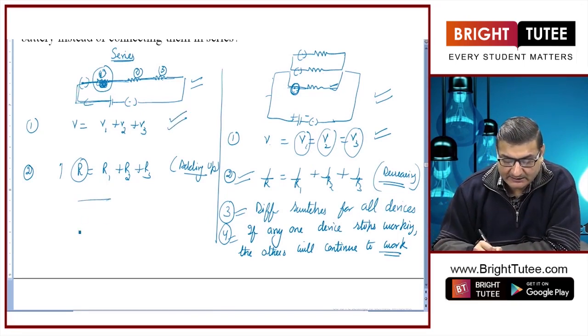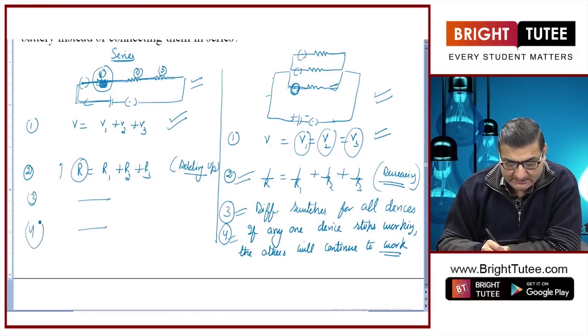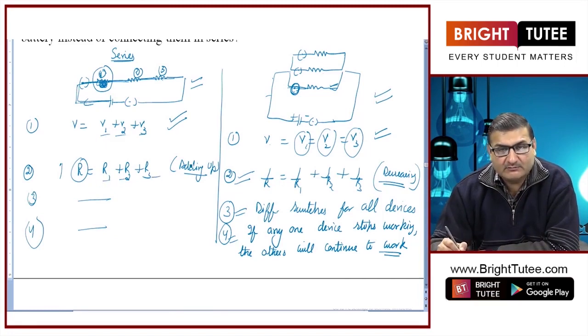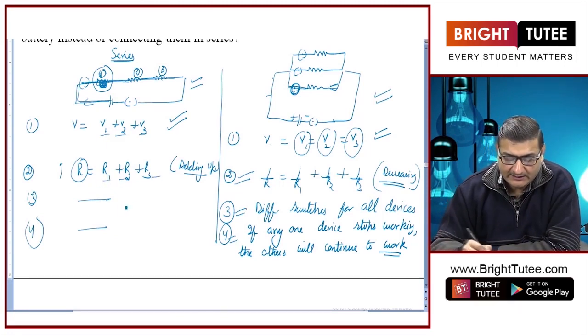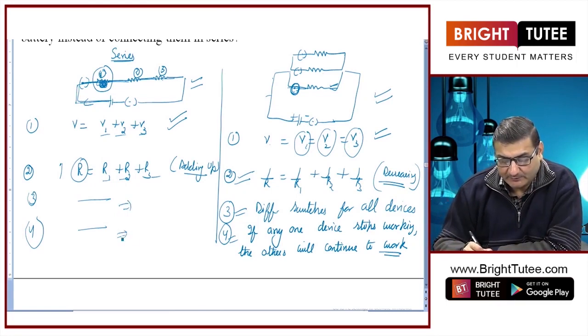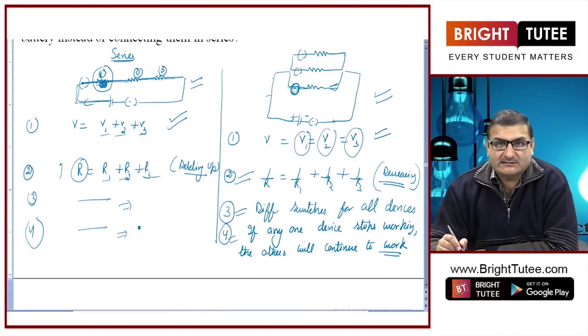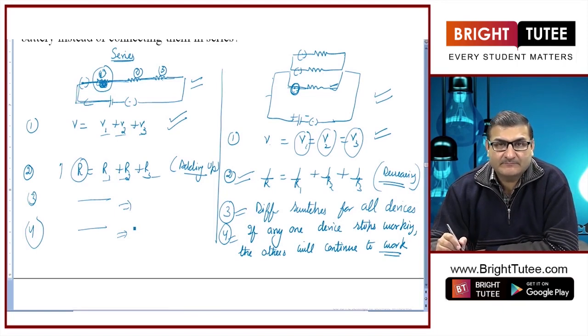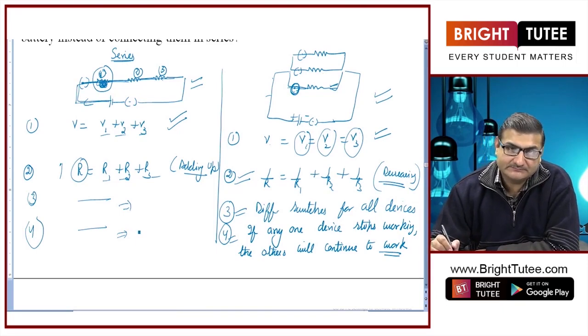So, I will be writing up the same 4 points as disadvantages, like here the potential difference is different for all, here the resistance is going to add up, decreasing the amount of current, here different switches are not provided, and very importantly, if any one appliance stops working, all the other appliances after that adjoining it will also stop working. Got it? So, this is quite important, why domestic circuits are connected in parallel combination. Fine.